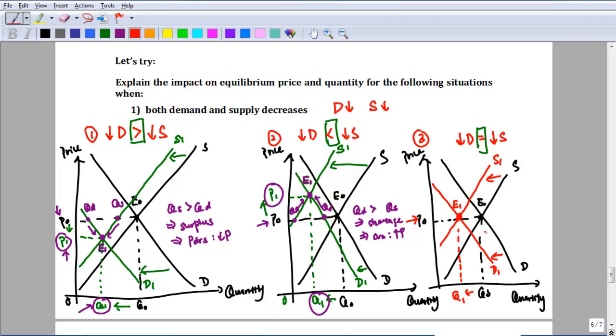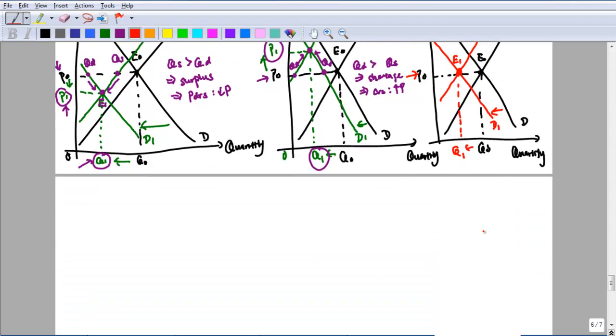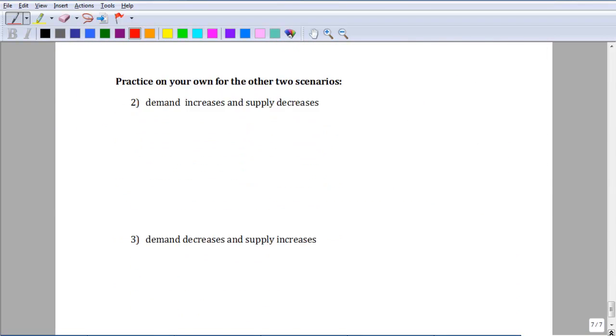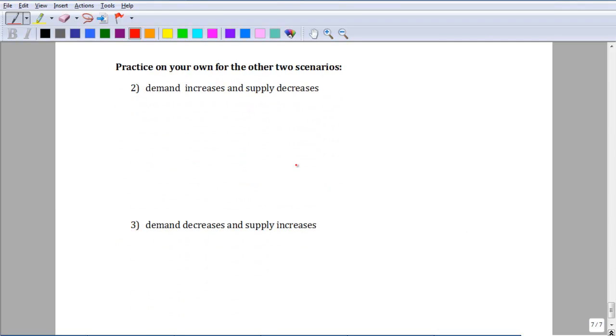So, you have to practice on your own for the other two scenarios. What happens when demand increases and supply decreases? So, three cases. Demand increase, supply decrease. You have to illustrate the first case, increase in demand more than the fall in supply.